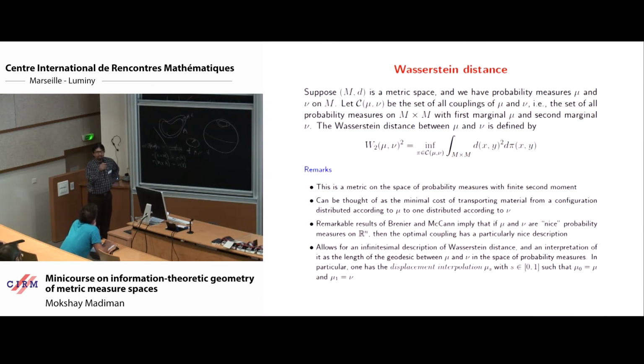The mass is the same. You just want to move the sand around so that it has a new shape. Then this is the minimal cost of transporting the sand, if I'm paying this much to transport one unit of sand from x to y.